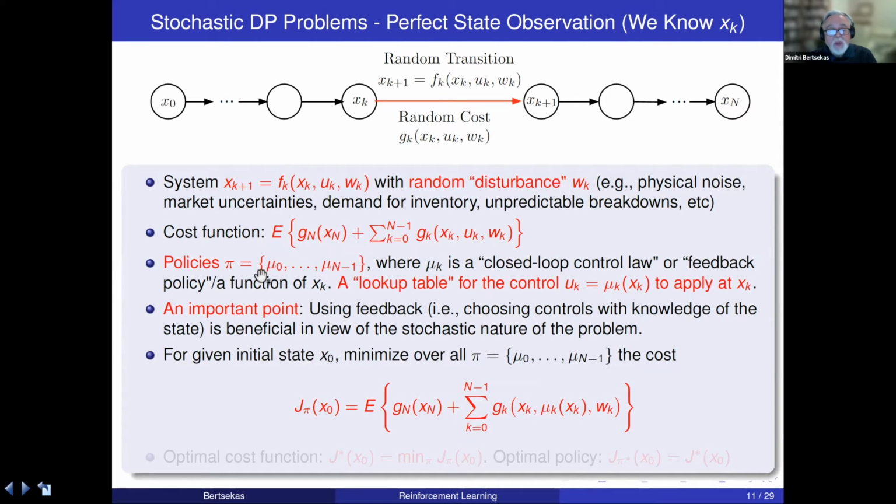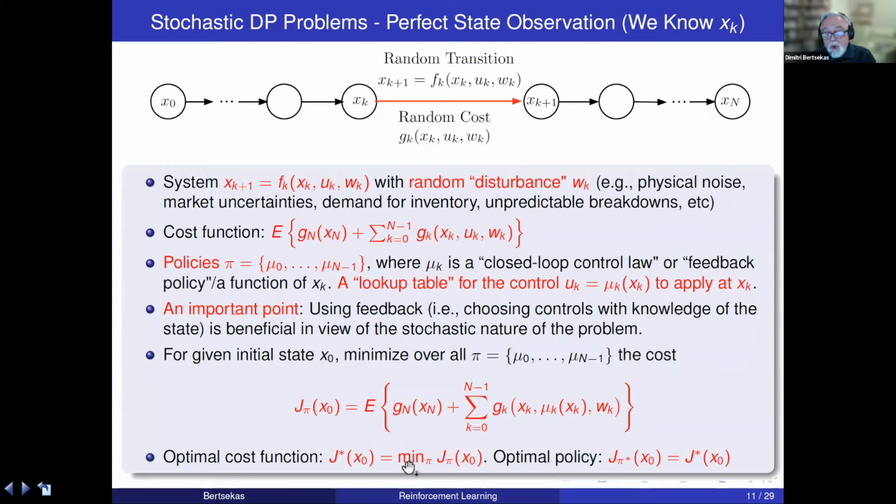So now suppose that we have some policy pi, and we plug it into the cost function. We're going to get a random number here, take the expected value of that, and then we get a deterministic number, a real number, which depends on the initial state, and that's the cost of the policy pi starting at state x0.